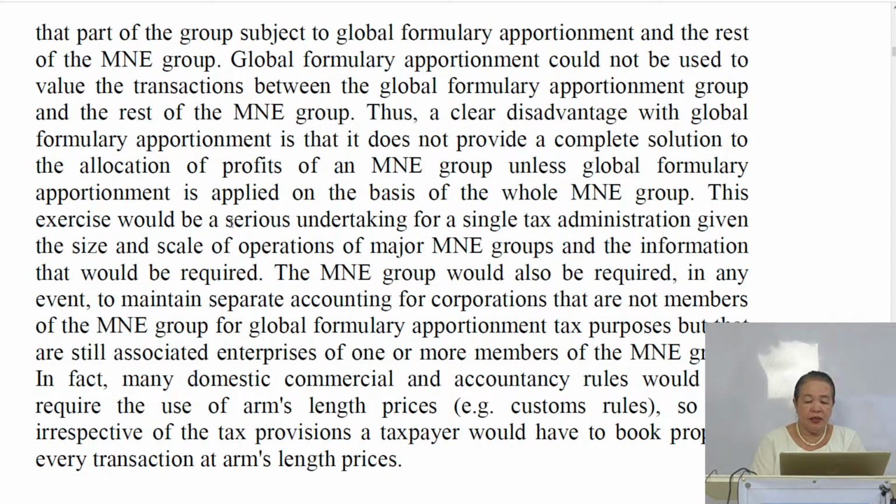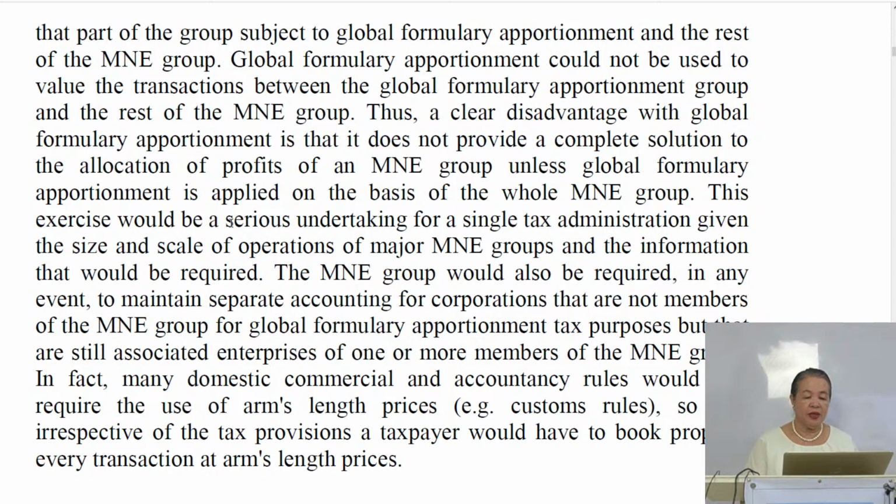Thus, a clear disadvantage with global formulary apportionment is that it does not provide a complete solution to the allocation of profits of an M&A group unless global formulary apportionment is applied on the basis of the whole M&A group, no? So, parang kulang, hindi siya whole group.